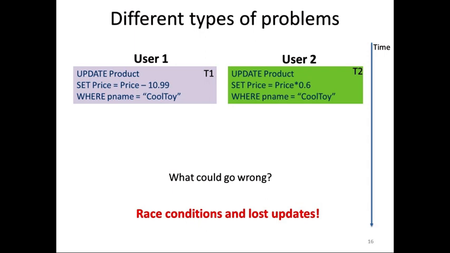We have another transaction, maybe executed on behalf of another user, which also updates the price for the same product, Cool Toy, by applying, let's say, a 40% decrease. And again, this means reading the old price, computing the new one, and then writing the new price.